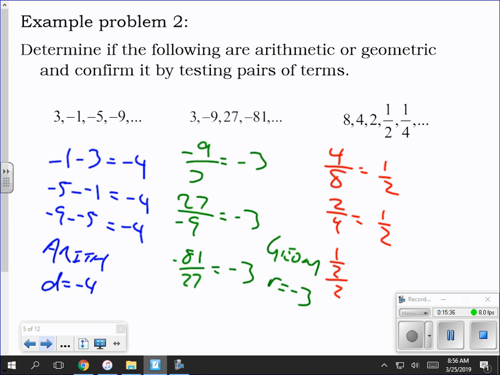I want to prove it: 1/2 divided by 1 is 1/2, but 1/2 divided by 2 is 1/4. So this would be a neither.